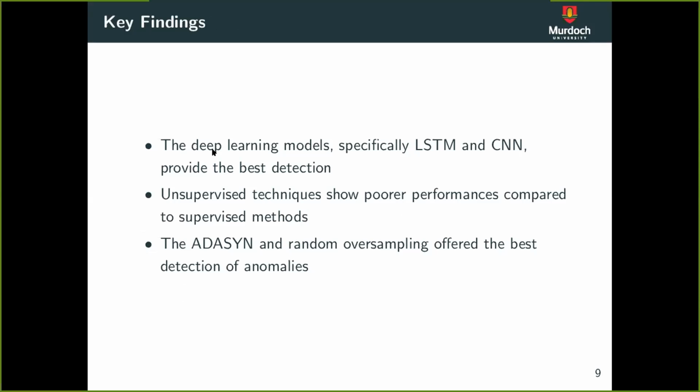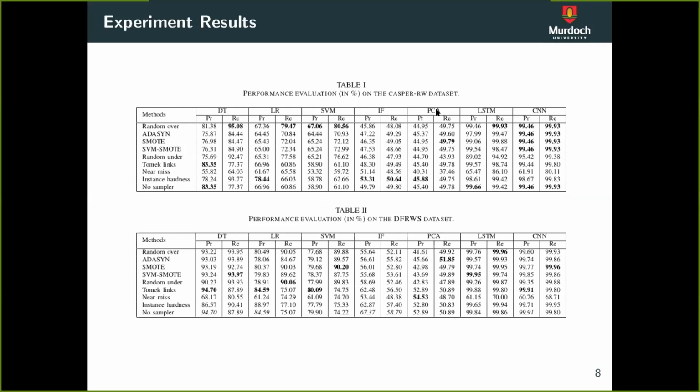The deep learning models, we use LSTM and CNN in this research, provide the best detection compared to all of the methods. And then unsupervised techniques. We also evaluate two unsupervised methods, isolation forest and principal component analysis here.